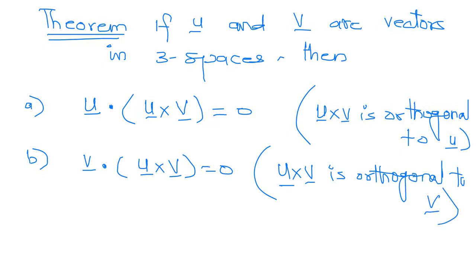When the dot product of any two vectors is equal to 0, it means they are orthogonal to each other.